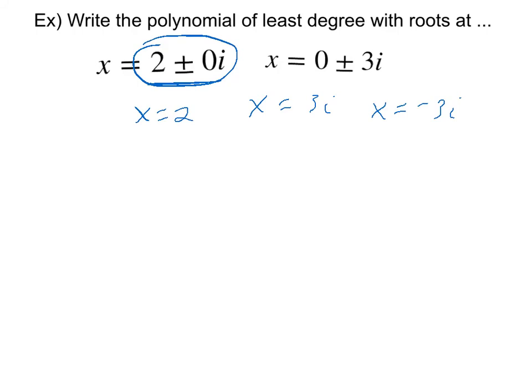Let's work backwards. If the root is x equals 2, that came from the factor x minus 2. If the root is x equals 3i, then that came from the factor x minus 3i. And same for here, that would be x plus 3i. Alright, well, those are our 3 factors. Now let's continue.